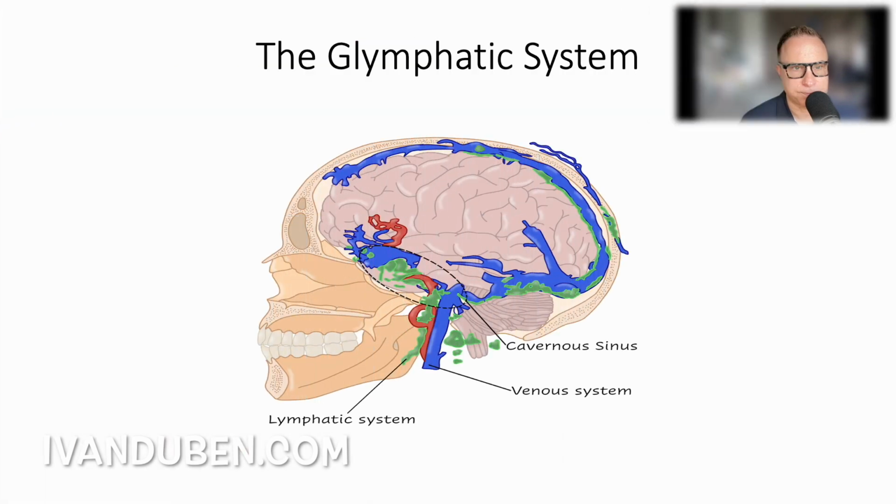Of course, in the cranium you had the lymphatic system. This represents aspects, again, the green being lymphatic system, closely connected to the venous system, interacting. Again, more detail in that presentation if you're looking for it.